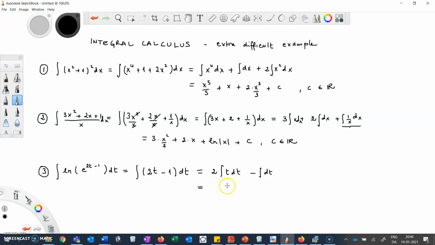And therefore the result is going to be 2 times t squared divided by 2 minus the integral of 1, which is t. So that's it. So I'm going to have plus a certain constant, where the constant belongs to the real numbers. And I'm kind of done here, although I can simplify, right? So I'm going to have t squared minus t plus c.